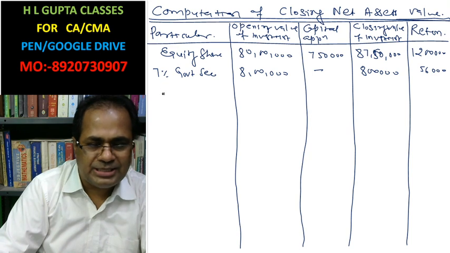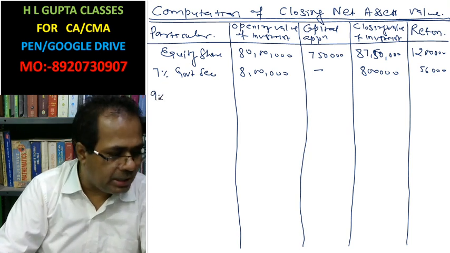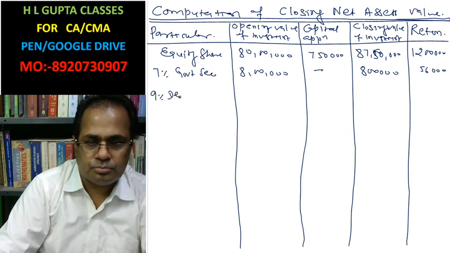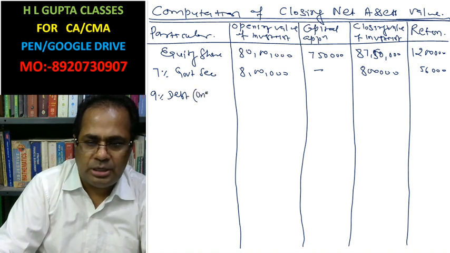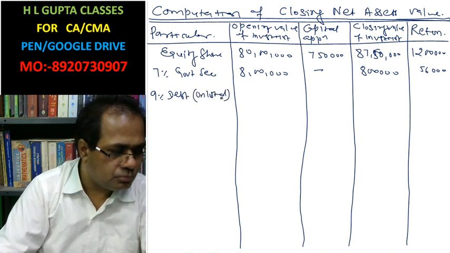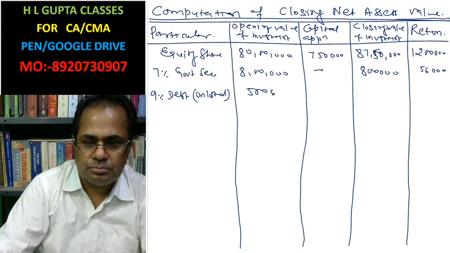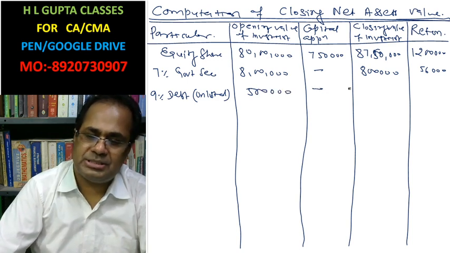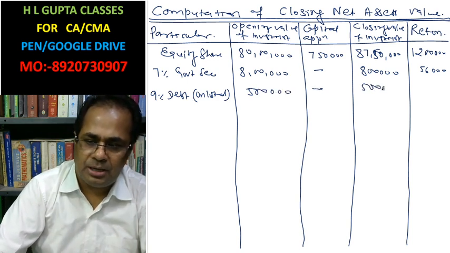9% unlisted debt: this is unlisted, 5 lakh, no capital appreciation, so closing is 5 lakh.